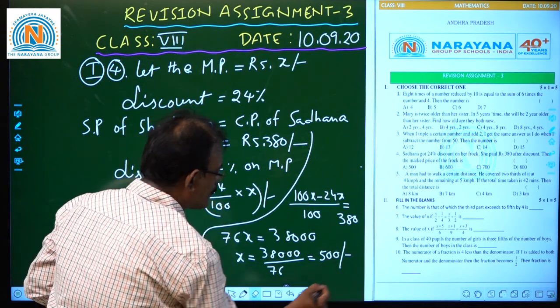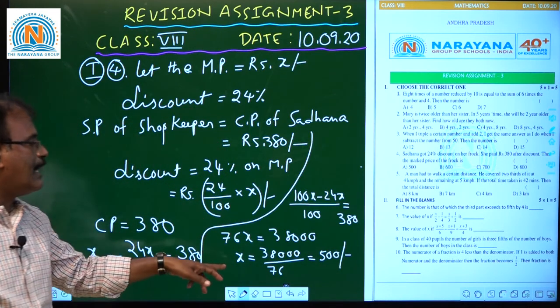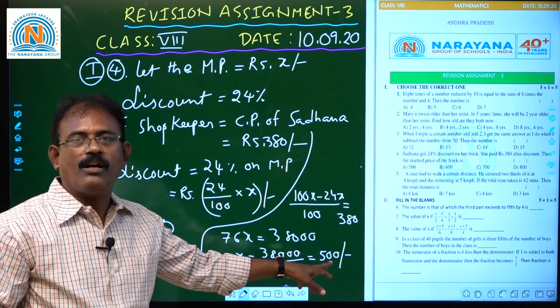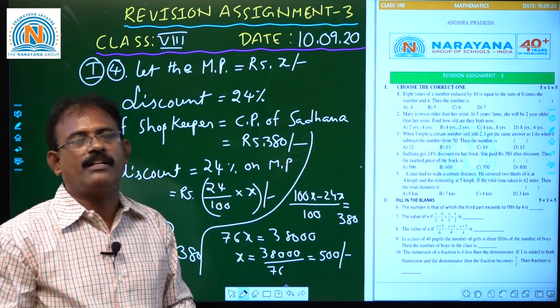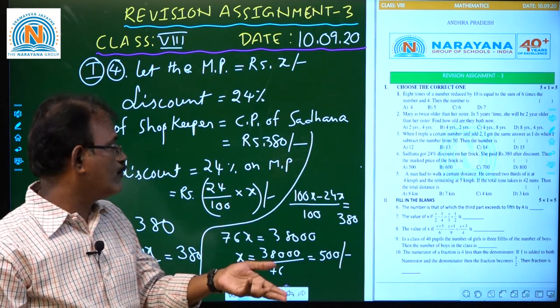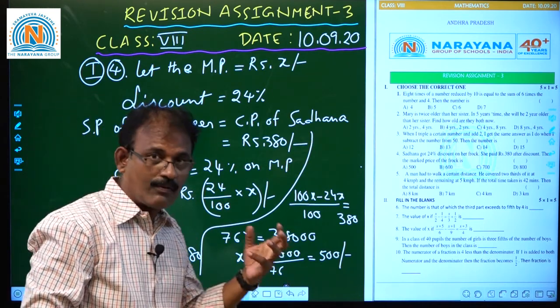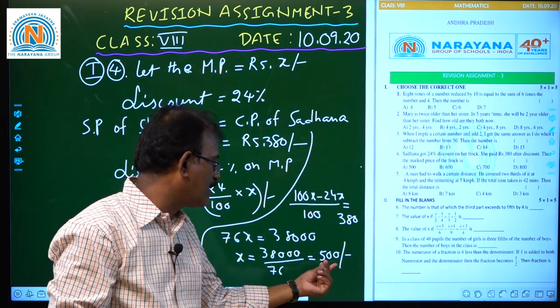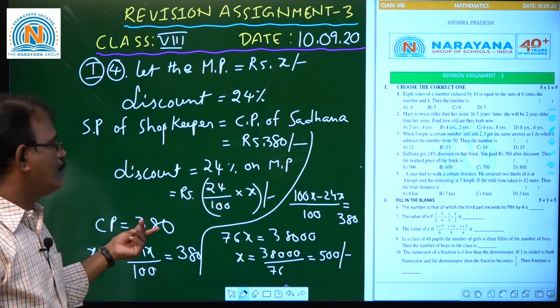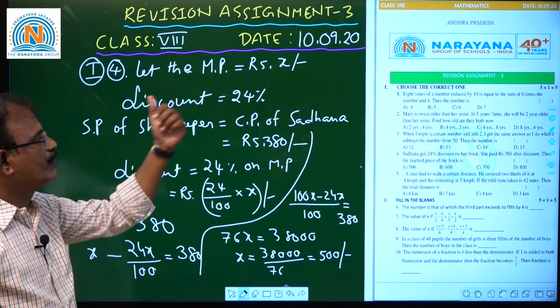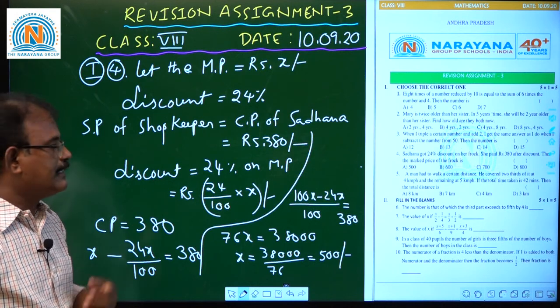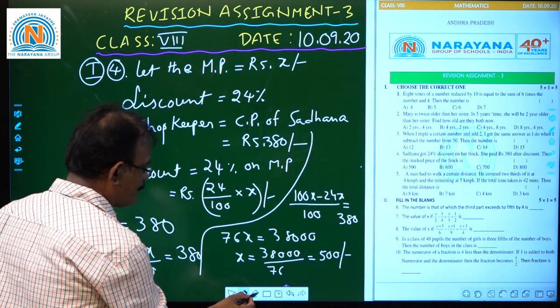Okay, children, so what is the marked price of the frock? 500. The discount is 120. If you subtract 120 from 500, this is the cost price of Sadhana after reduction. Okay, children.